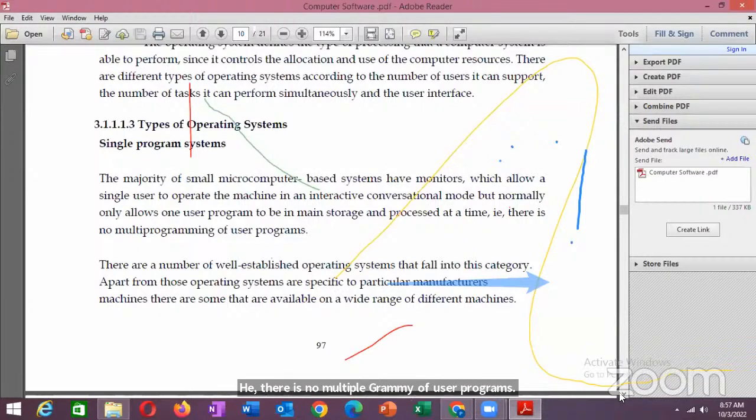So there are a number of well-established operating systems that fall into this category.